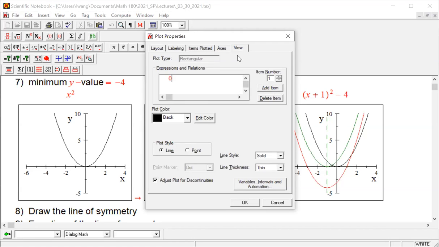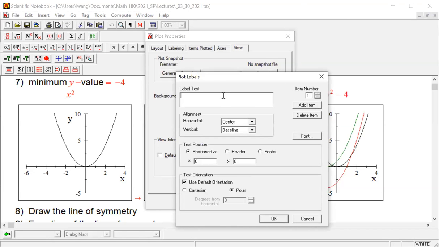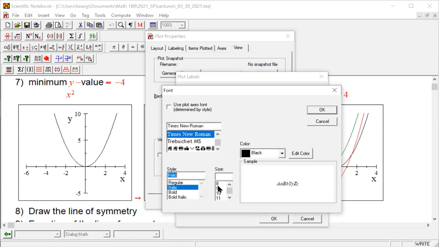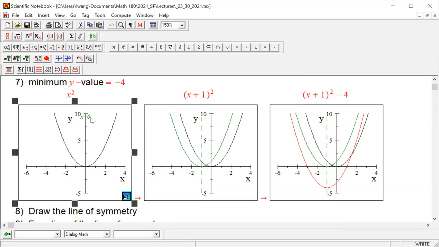Hello, are you guys awake? That line of symmetry is x equal to 0.